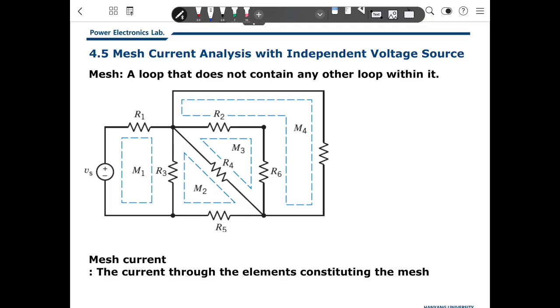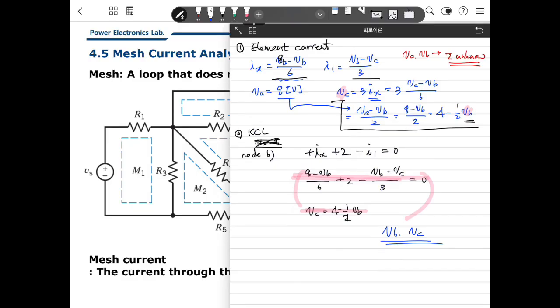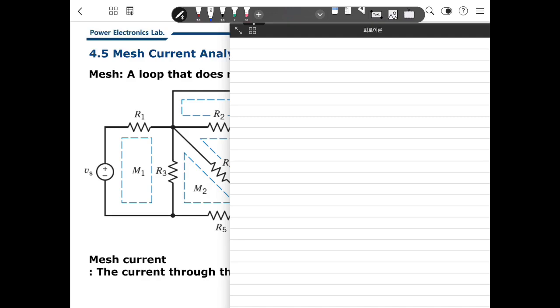This is chapter 4.5, another technique to analyze the electric circuit. That is mesh analysis. So in this chapter, I will give you two techniques to analyze the electric circuit.